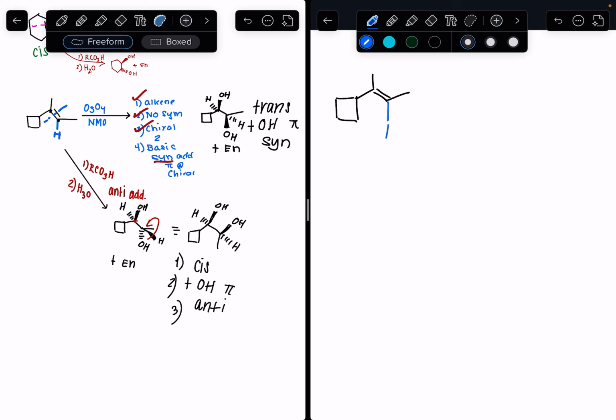Is it, so let's see, is this E or Z? It's E. They're on the opposite side. I'm just looking at the 2 that are equal, right? 2 methyl groups, opposite side, calling this an E. So we know that you either have a Z or an E. This is an E, so it's going to be an enantiomer.